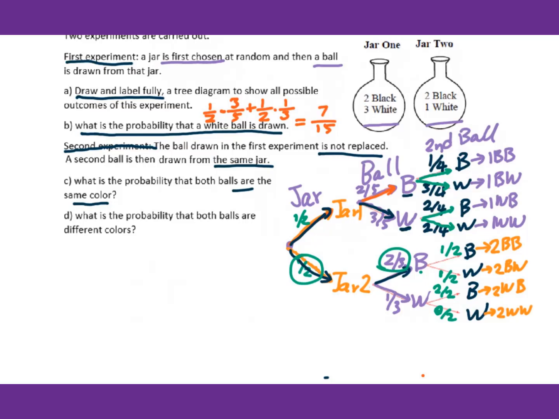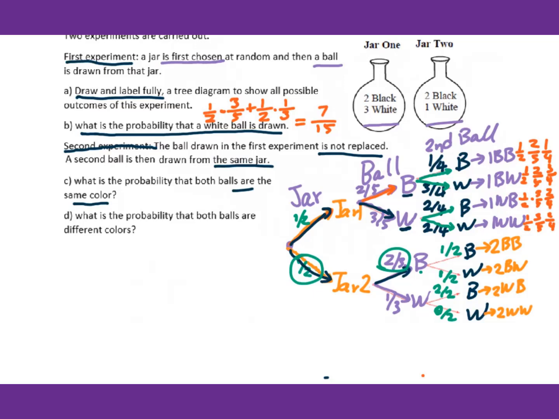Then for the probability, that will be 1/2 times 2/5 times 1/4. For this line, draw 1 is 1/2. Then it's 2 over 5, 3 over 4. 1 over 2 times 3 over 5, 2 over 4. 1/2, 3 over 5, 2 over 4.